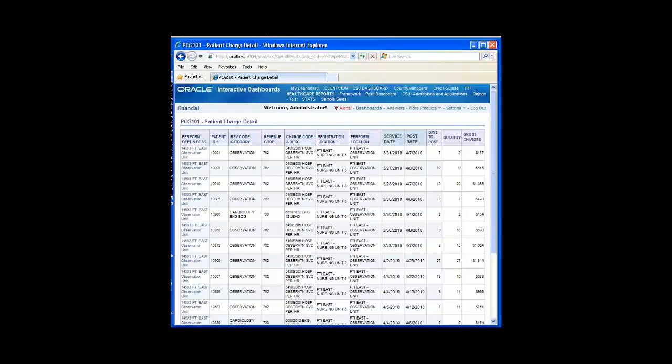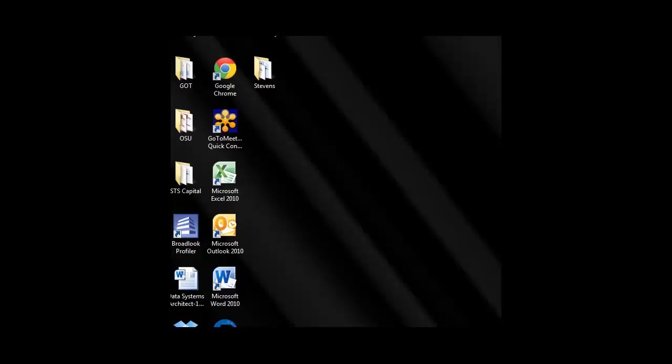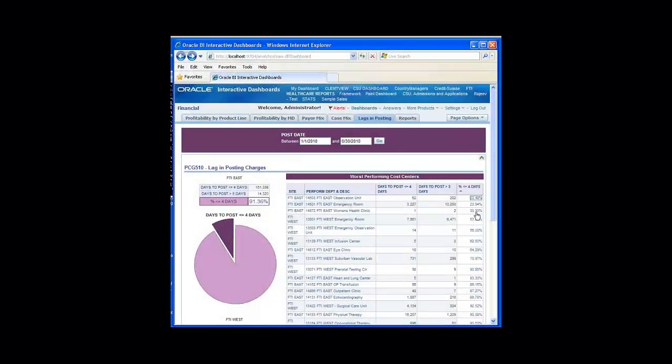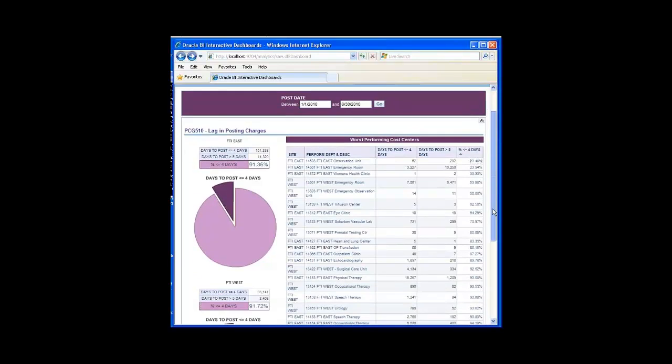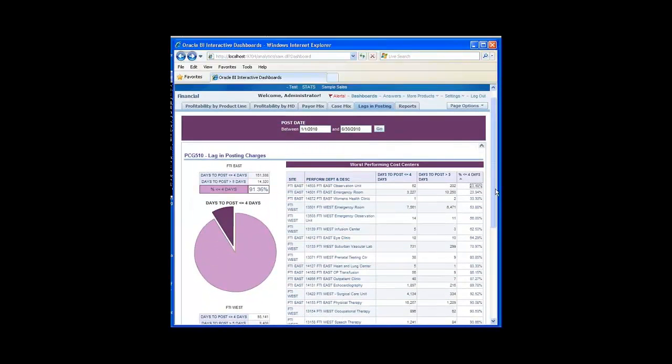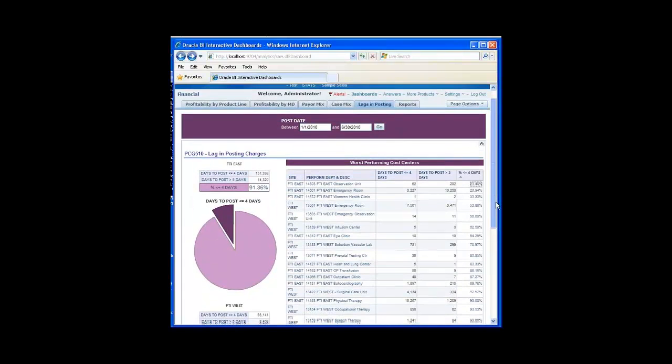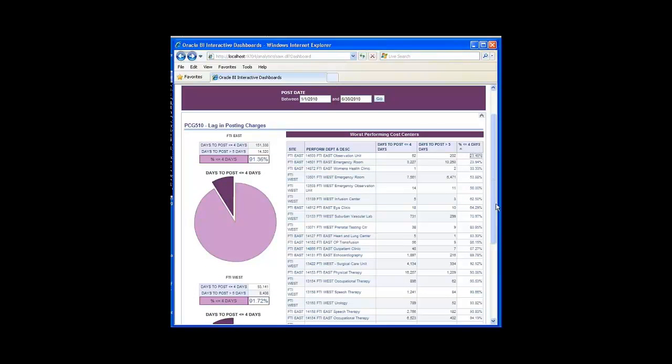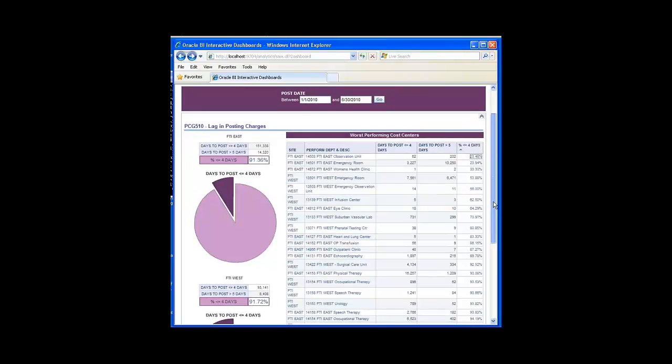So you have the ability, as we saw on other dashboard pages, to drill down to that level of detail. So if you're the manager of this particular department, you're a click away from understanding why you have a lag in the charges, which charges in particular, is it all happening on a particular day, and oh, was that the day my secretary who posts those charges was out? So you can sort of understand better what's going on in terms of the charges that are being posted.